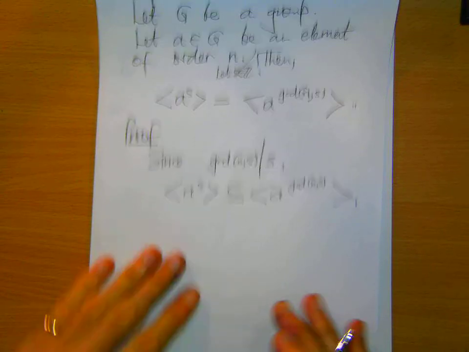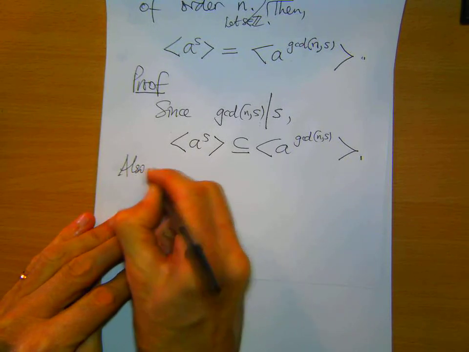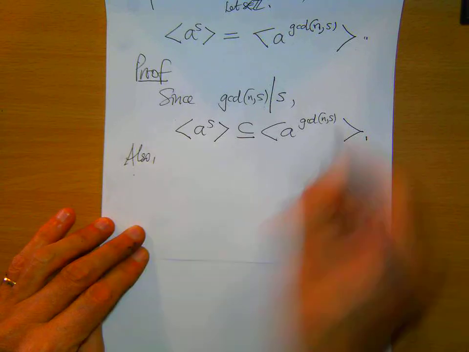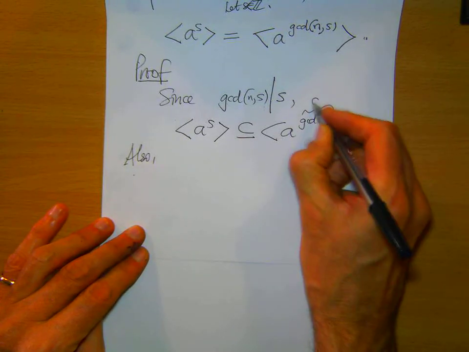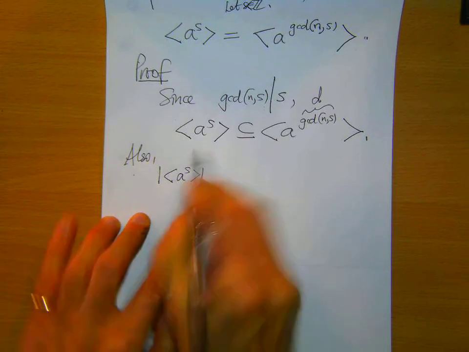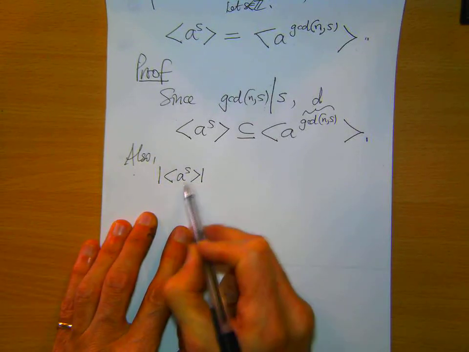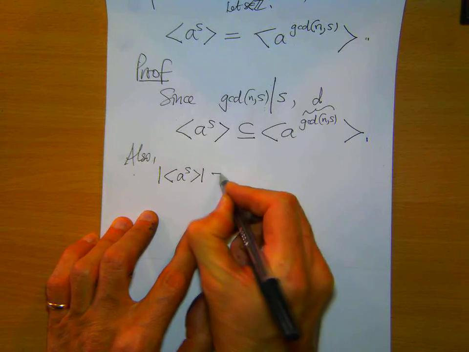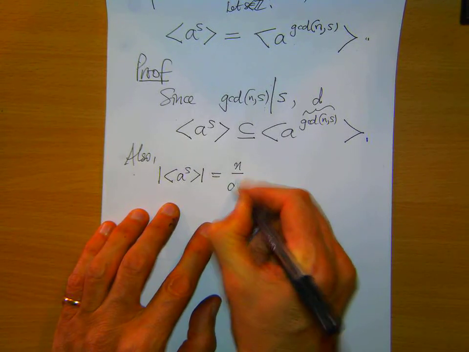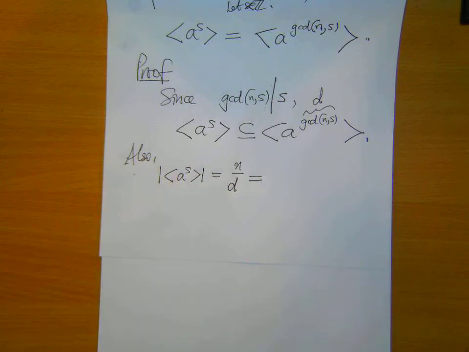Why is that? Well, we can use the result we've just proved. Let me just call this d for a minute again. What's the size of the left-hand set? Well, that's the order of a to the s, which we know is n over d. That's from the previous result. It's n divided by the greatest common divisor of n and s.